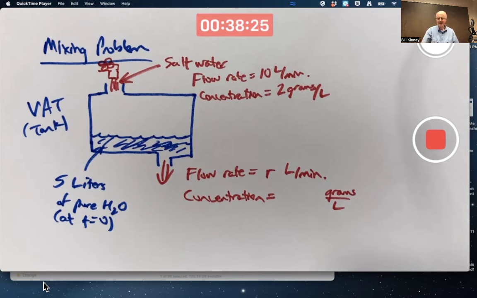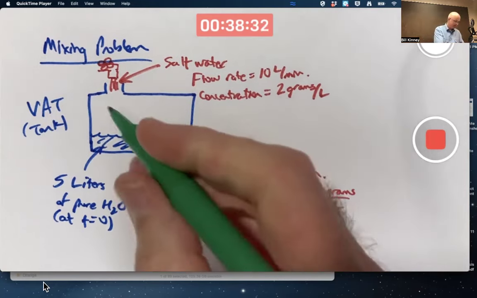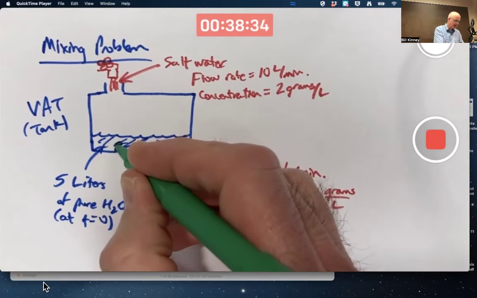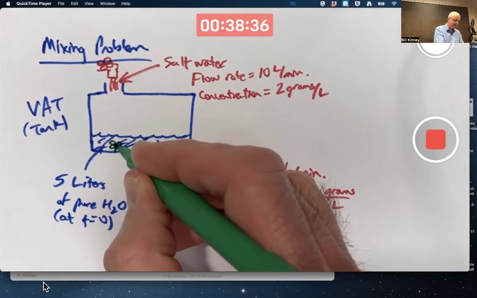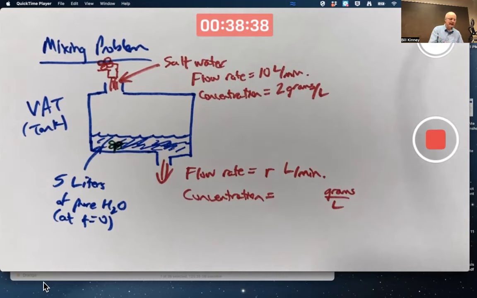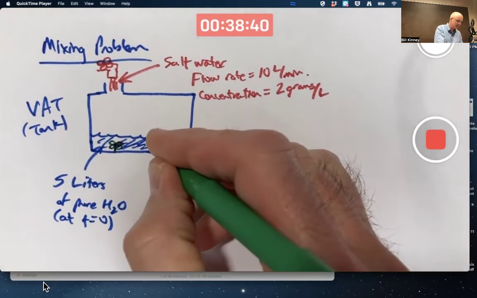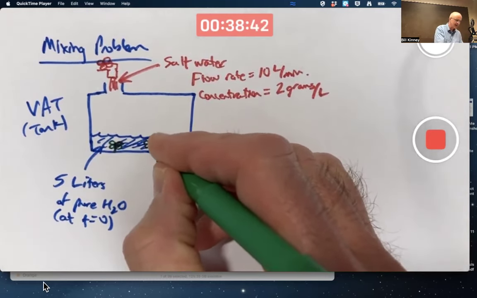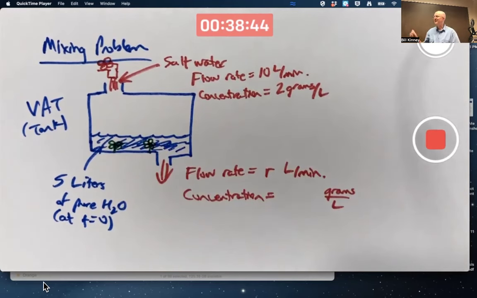Wait, how could it be instantaneously mixed? Because if we don't assume it, then it's too hard. If you like, you could pretend there are fans inside here that are spinning, mixing up the solution rapidly, so that effectively the mixture is instantaneous. The concentration of the salt in the tank and the water is uniform at any moment in time.